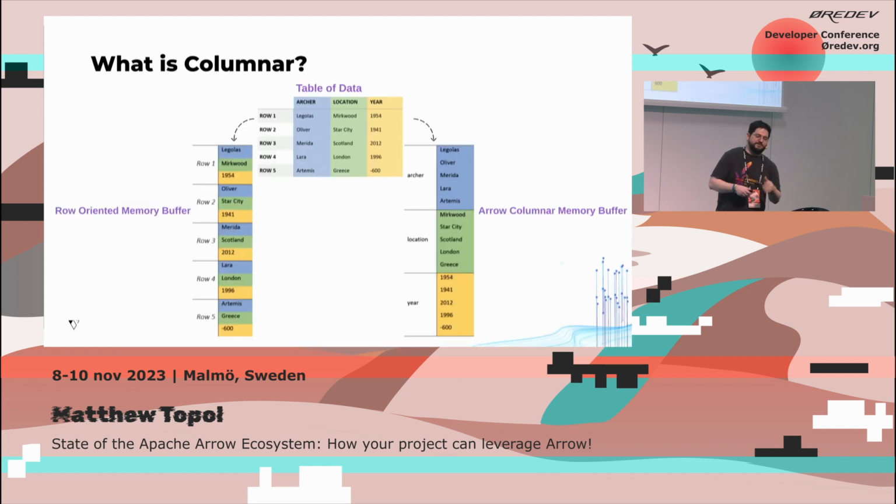Now, if you're not familiar with column-oriented or columnar, it's very simple to understand. It's kind of the struct of arrays versus array of structs mentality there. It's how your data is actually laid out in the actual raw memory.